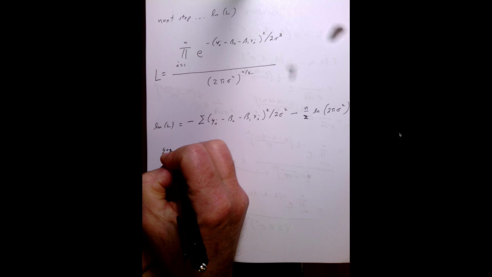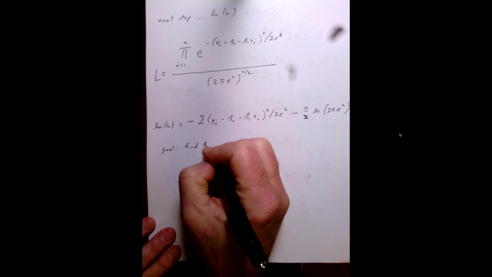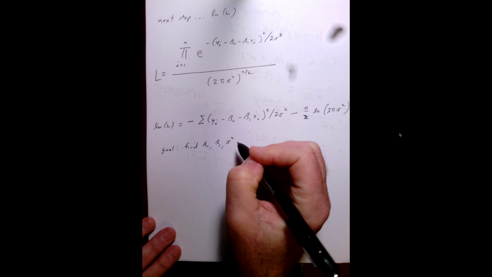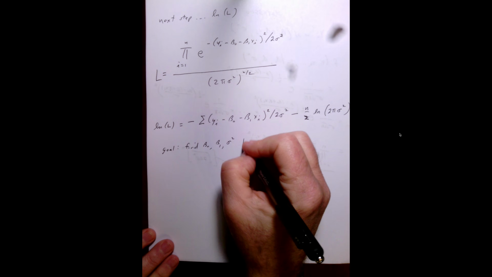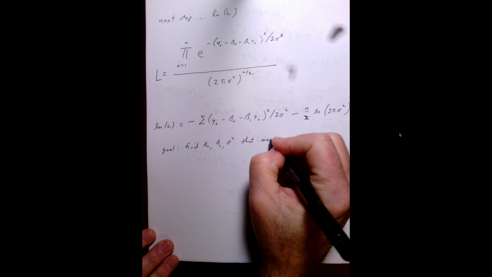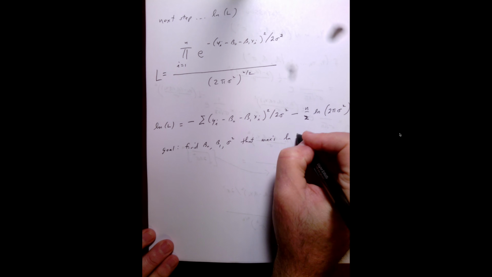All right, now let's pump the brakes a little bit. Our goal at this stage is to find beta 0, beta 1, sigma squared that maximizes the natural log of L. And these values, of course, are our MLE estimators, and I just refer to those as beta 0 hat, beta 1 hat, and sigma squared hat.